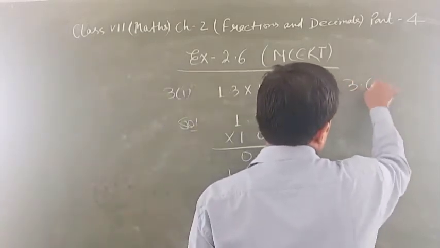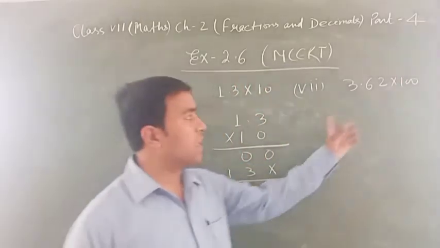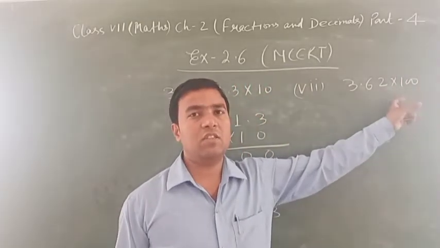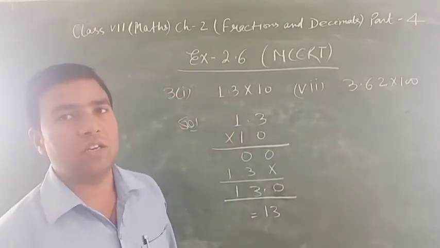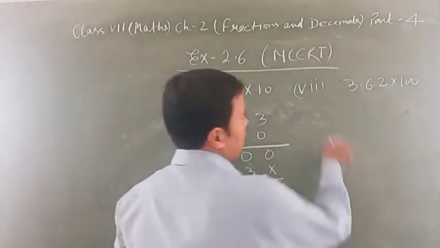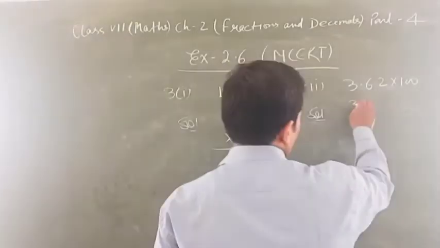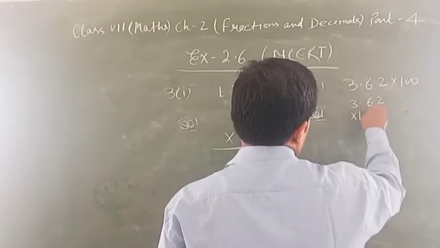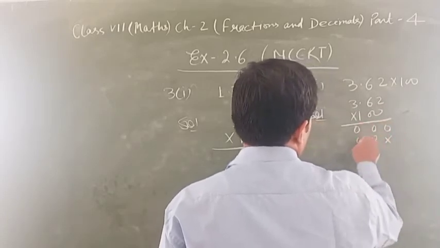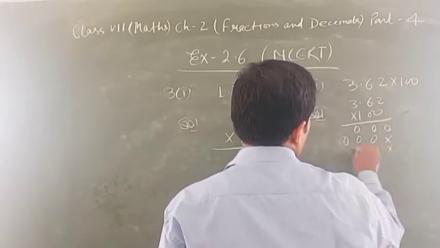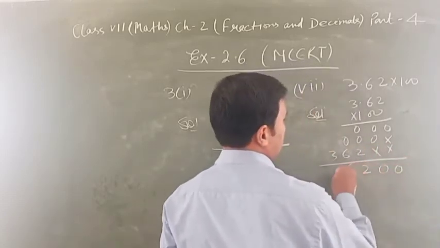3.62 into 100. Clear? You can also multiply directly. 3.62 into 100 means 36,200. Clear? After that put the decimal. But if you can't do like that, you can do it this way: into 100, with zeros.